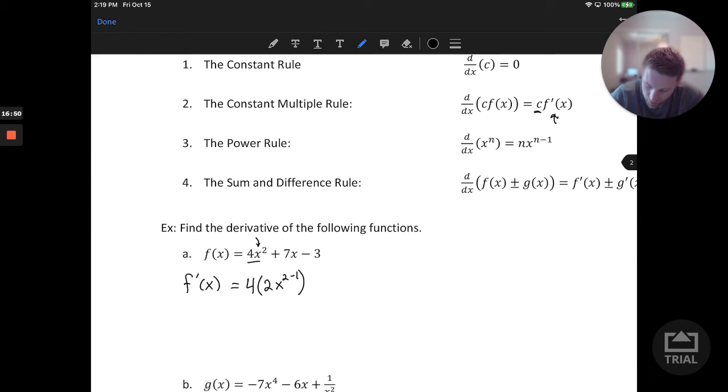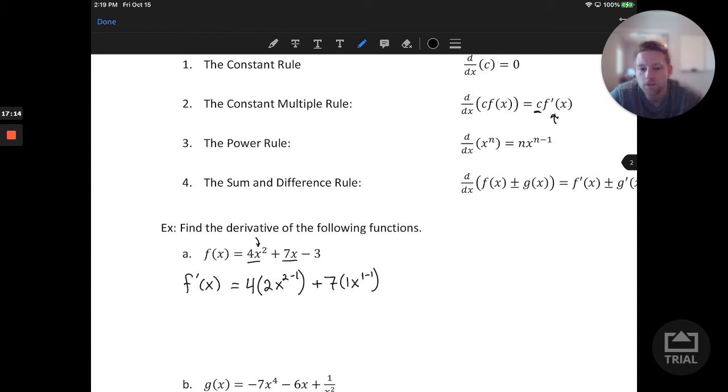If I take a look at the next term, I'm going to add, the constant multiple is 7, and the derivative of x itself, you could write it like this, 1x to the 0 power, because that's 1 minus 1. Now, usually we wouldn't write it like that. It would just be x to the 0, which is 1.